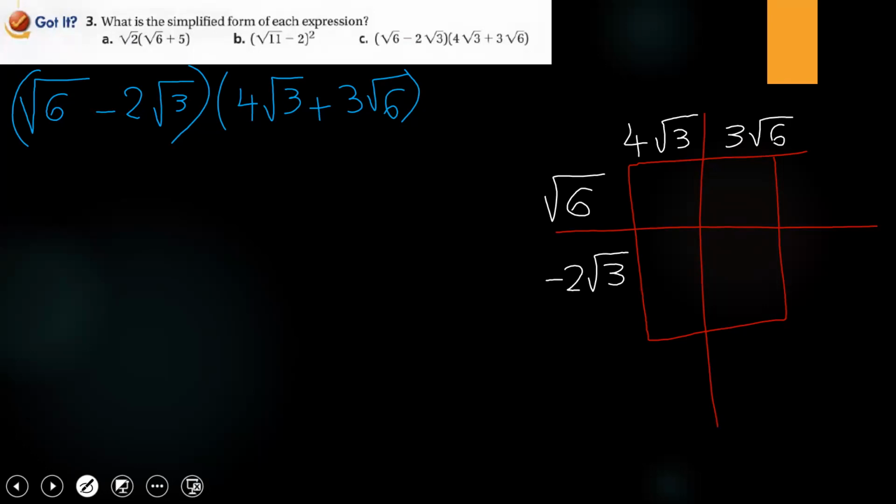I will write them here now. I will put up square root of 6, down negative 2 square root of 3, and 4 square root of 3 and 3 square root of 6. I will write them now like this.